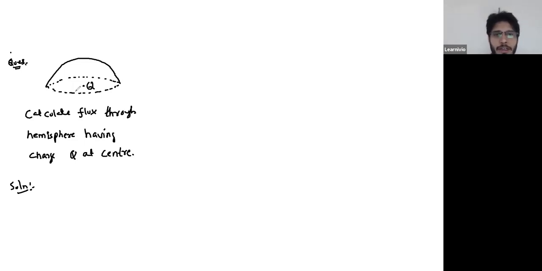So, can you make it a closed surface, Jubaina? Yes, construct another hemisphere. Just by adding one more hemisphere, you can make it a closed surface.